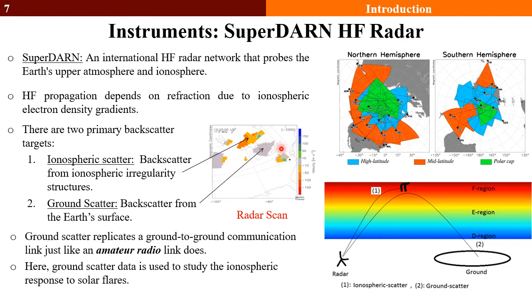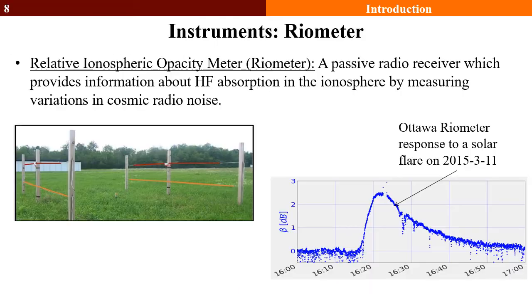Typically the ground scatter velocity is really low, and it lies between plus minus 10 meters per second. Ground scatter replicates exactly a ground-to-ground communication link, just like amateur radio or long-distance communication links. And for this particular study, we are going to use the ground scatter data for the ionospheric response to solar flares.